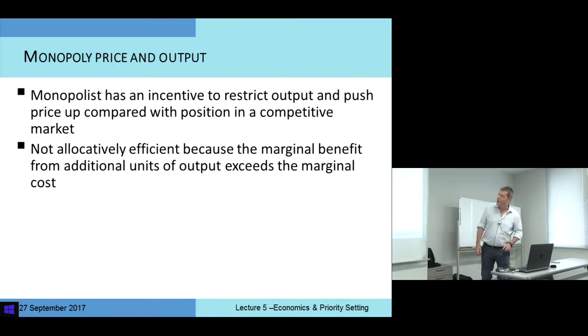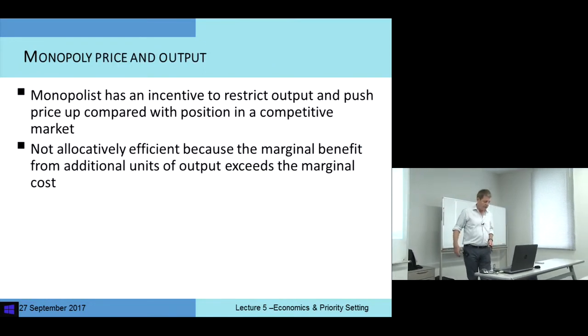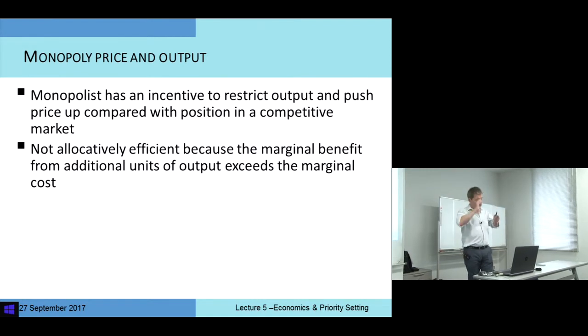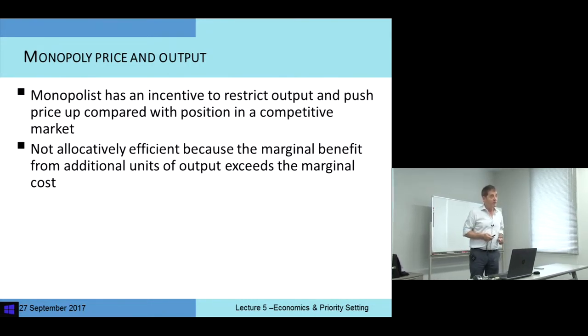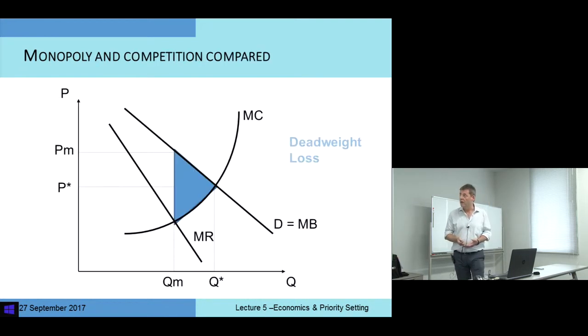Okay, so this is just putting it in words, which might be easier for some people. Some people like pictures. A monopolist has an incentive to restrict output and push up prices compared to the competitive market. It's not efficient, or what we say allocatively efficient, because at the level of output that the monopolist chooses, the marginal benefit from additional units exceeds the marginal cost.